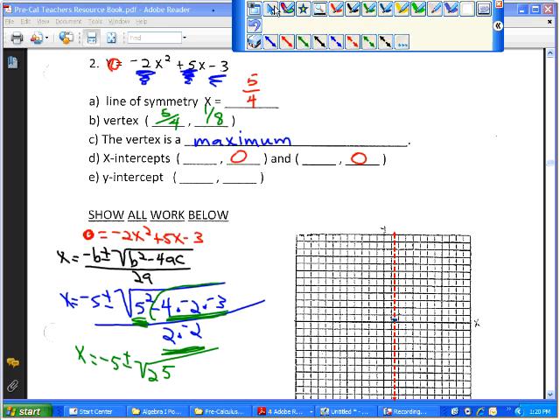Now, when you multiply all three of those together, you get 4 times 2 is 8 times 3 is 24. There's 1, 2, 3 negatives. When you multiply with an odd number of negatives, the answer is negative. You need to know those sign rules. When you multiply with an even number of negatives, the answer is positive. And on the bottom, we get a negative 4.